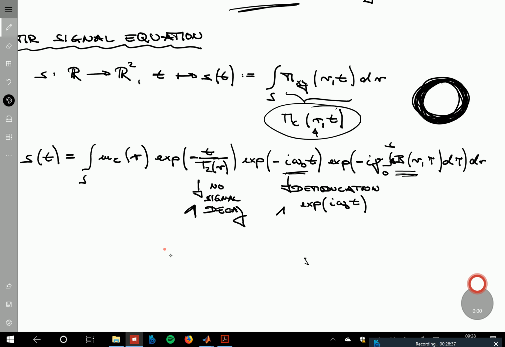But this thing is the same all over the sample. And we know what it is because we know what the gyromagnetic constant of our nucleus is, and we know our B0 field. So we know that there is this contribution in the signal, and it's everywhere and it's all the time. So we might as well take it out.